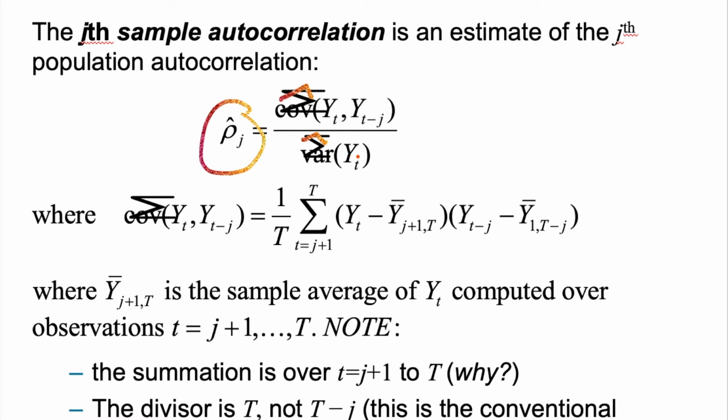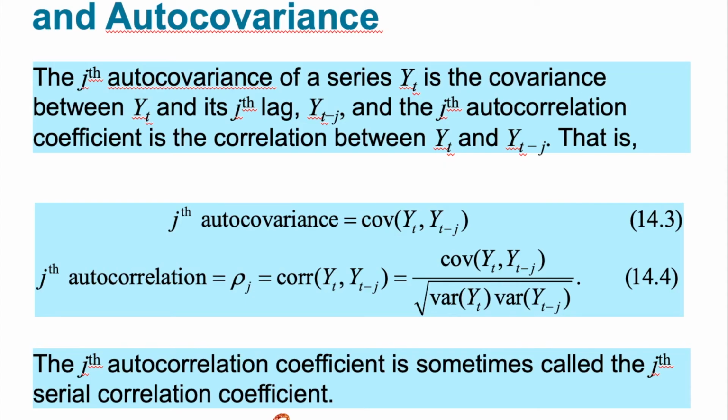And recall that we are assuming that the variance of yt is equal to the variance of yt minus j, which is why the denominator has simplified.